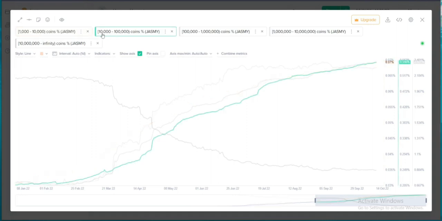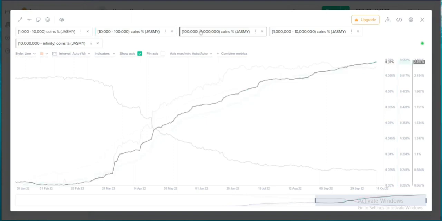And those between 10,000 up to 100,000, they hold about 0.55%, less than 1% really. And then this group right here with 100,000 up to a million Jasmy tokens, they own only 2.4%.